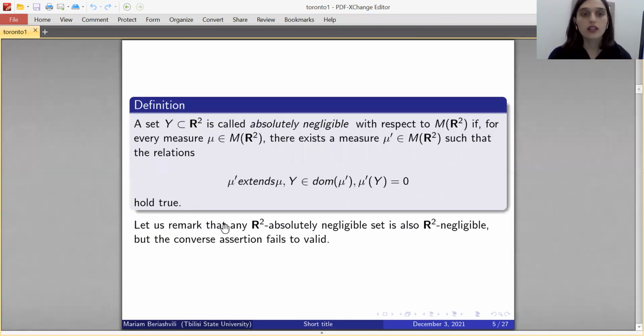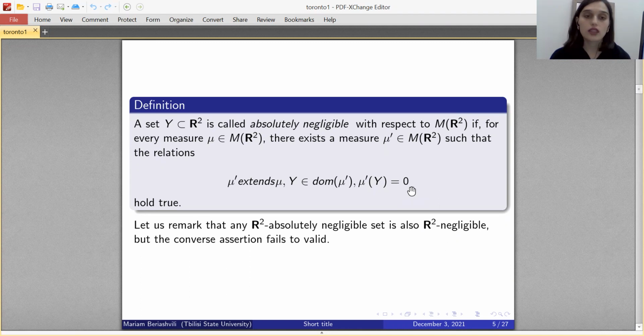A set Y is called absolutely negligible with respect to the same class if for every measure mu, there exists an extension mu prime of mu such that if Y is in the domain of mu prime, then mu prime of Y is 0. The set Y is a null set with respect to an extension of mu.